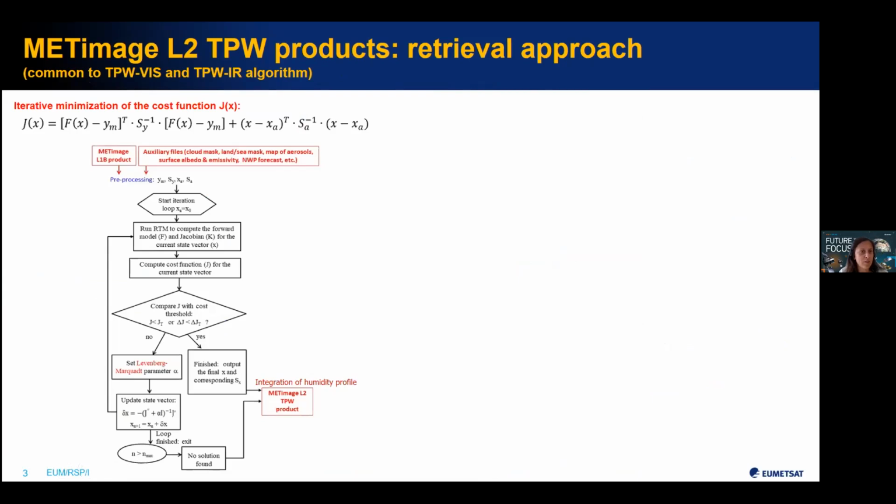Now, what is the retrieval approach for this product? The retrieval is common to both products and is based on a 1D-Var algorithm. So a quick reminder on the 1D-Var approach.